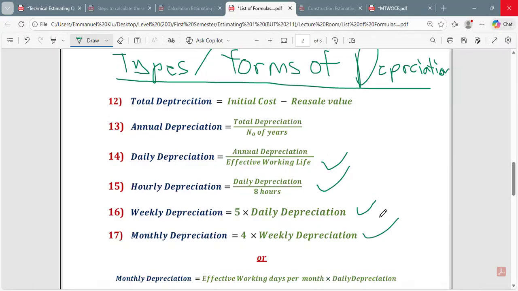But you should know that before you can even calculate the daily depreciation, you have to know the annual depreciation. Without the total depreciation, you can't calculate the annual depreciation too. So let's just take time and calculate all the types and forms of depreciation, and then we are good to go.